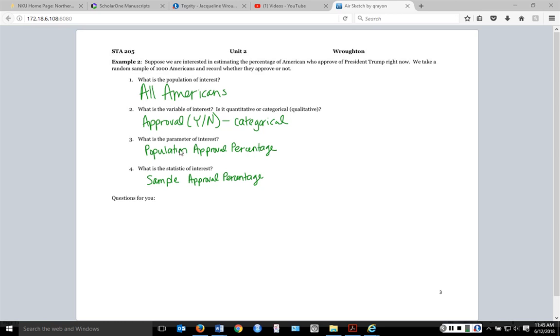So you notice here we're not talking about means anymore, so we can't use the same symbols that we had on the previous page. We're going to have P to represent our population proportion. And then P hat is going to be our sample proportion.